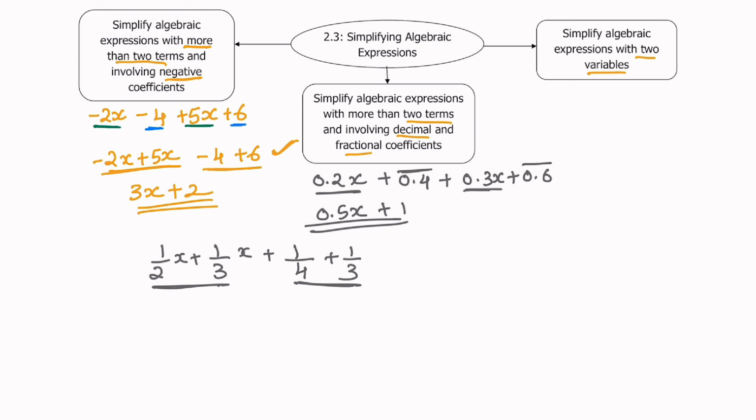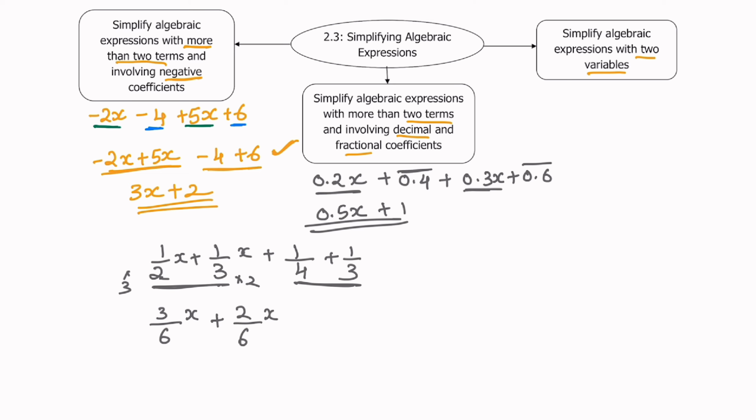We will club them, we'll equalize them. So let's start with the x part. And we did in the previous one, right? So LCM for 2 and 3 is 6. So that's 2 times 3 basically. So how do I get this to 6? This is basically times 3 and this is times 2. And remember, whatever you do in denominator, you have to do in the numerator as well. So 1 times 3 is 3, 2 times 3 is 6x plus 1 times 2 is 2, 3 times 2 is 6x.